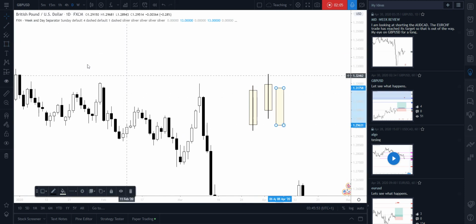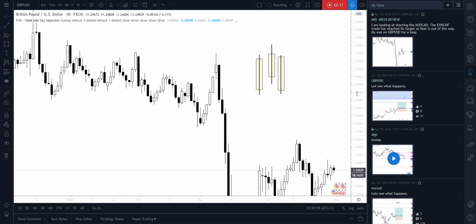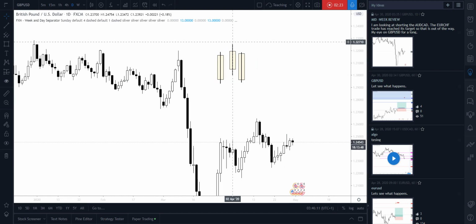That's your swing high, and you're looking for the opposing swing low. If we form a swing high here, definitely there should be an opposing swing low somewhere. So as this swing high is forming, you're looking for a trade.